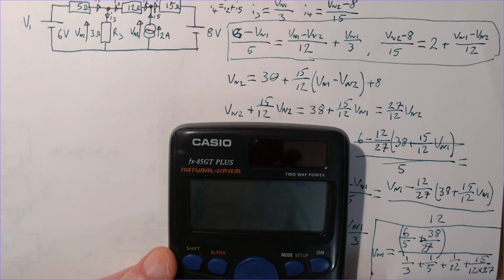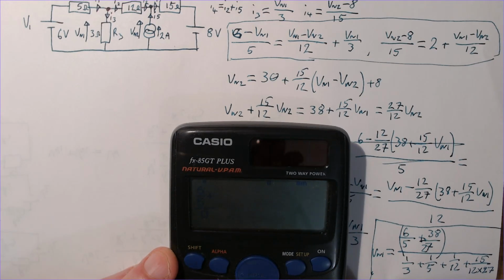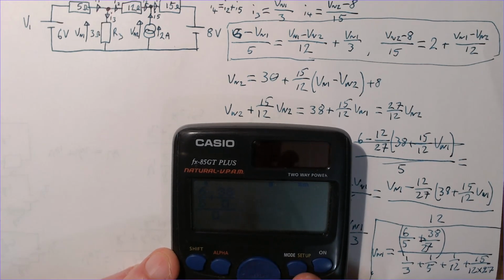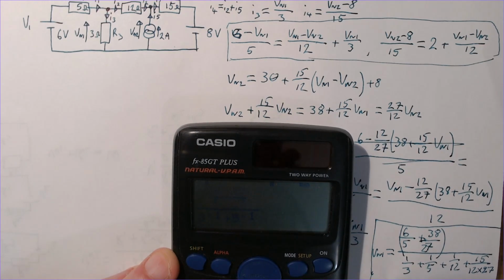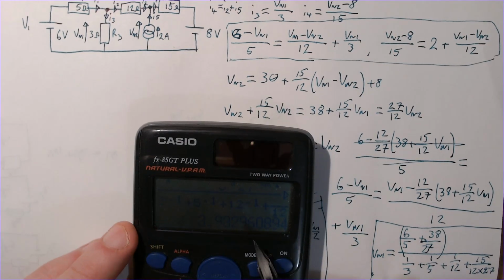6 over 5 plus 38 over 27 over 3 to the minus 1, same as 1 over 3, plus 5 to the minus 1, plus 12 to the minus 1, plus 15 over 12 times 27 equals almost 4 volts.